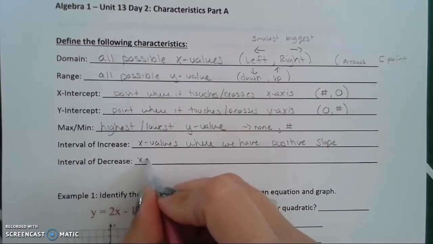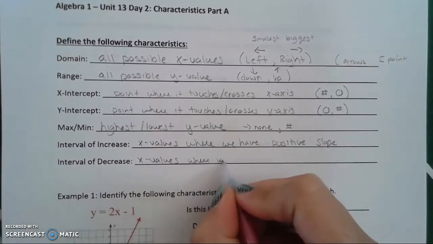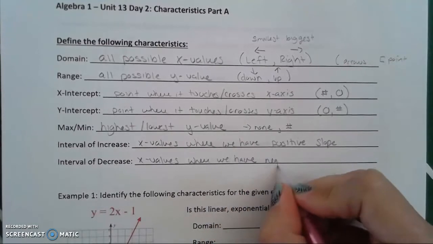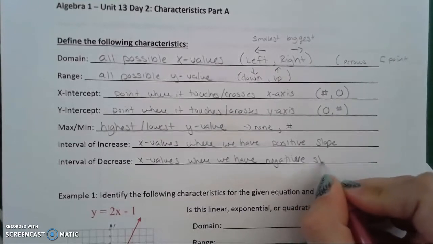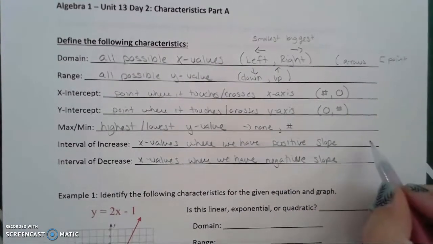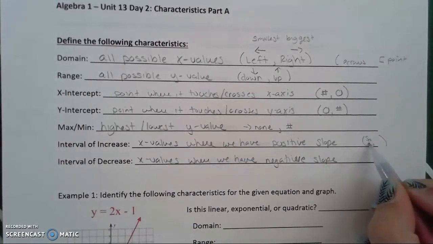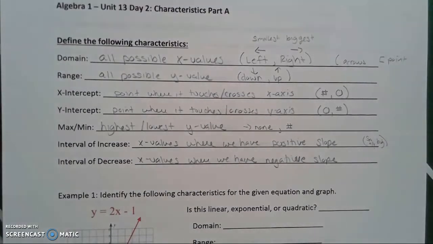And these are going to be the x values where we have negative slope. These are going to be written with parentheses, and we always do the small and then the big. So anytime you write an interval, whether it's domain or range or intervals of increase and decrease, remember it always has to be the smaller number first and then the bigger number.